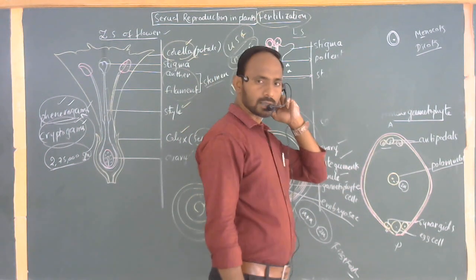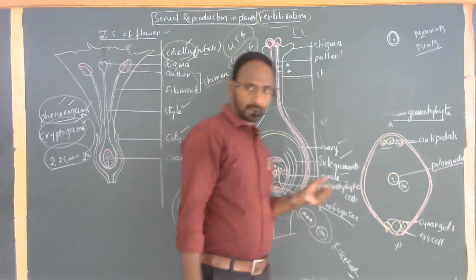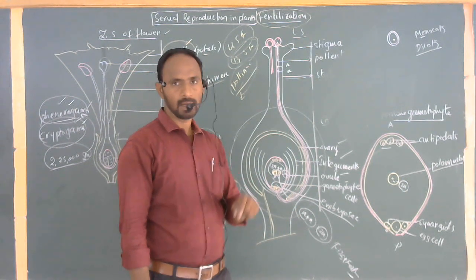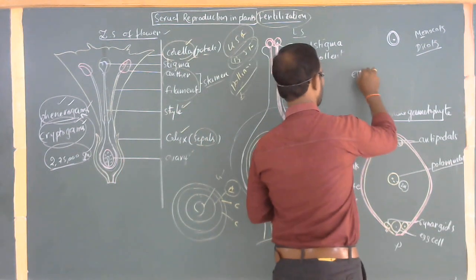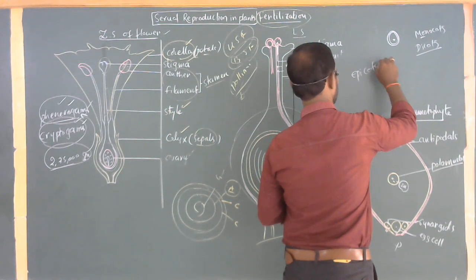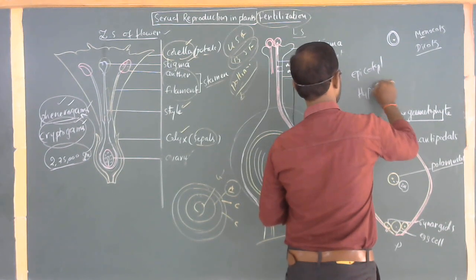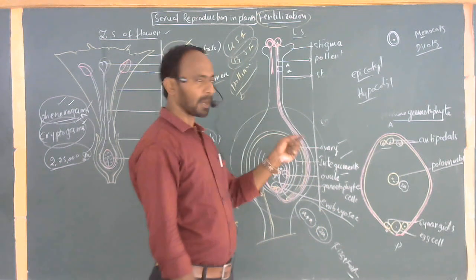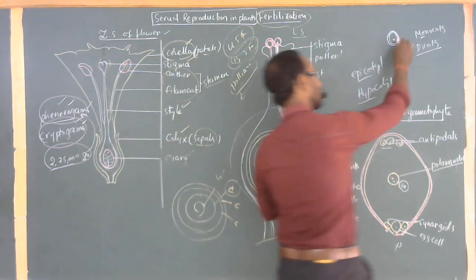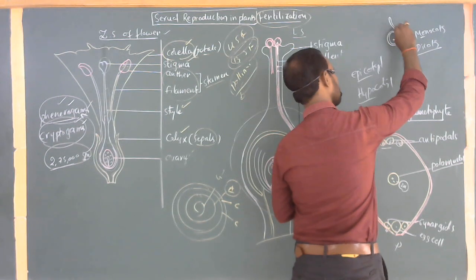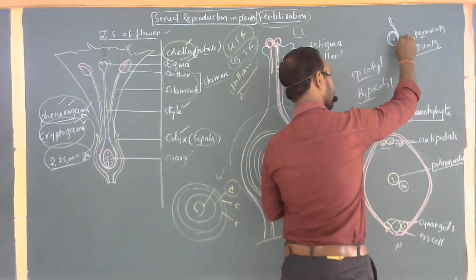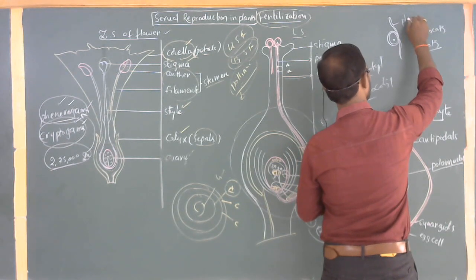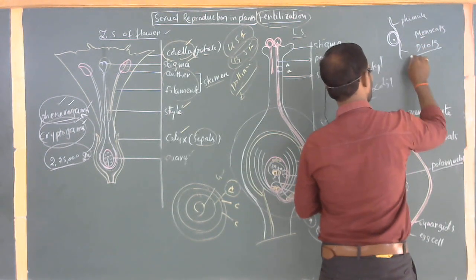In both monocots and dicots, after the formation of seeds, the epicotyl and hypocotyl form. Both epicotyl and hypocotyl also give protection. A small projection also forms, called the plumule, and this is called the radicle.